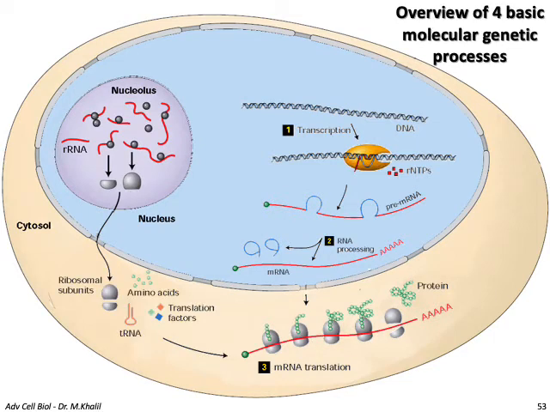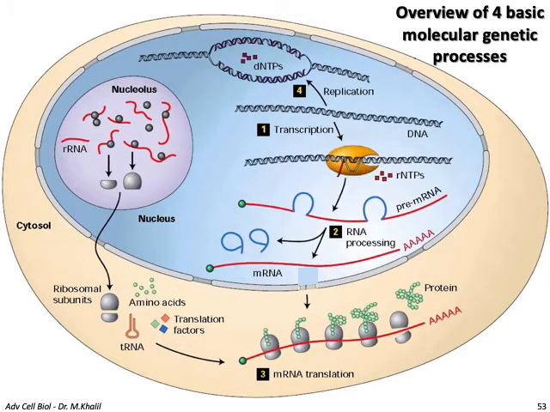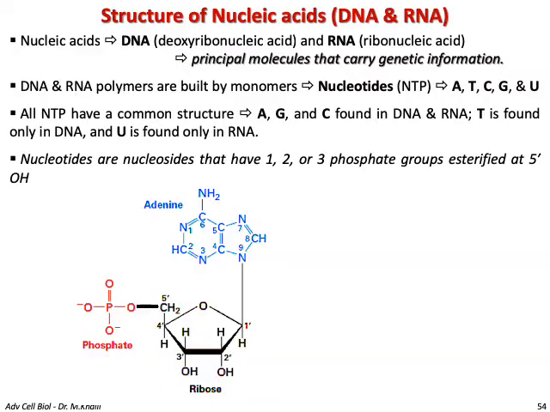The ribosome comes from the transcription of ribosomal RNA, which binds with ribosomal proteins to make functional ribosomes. The fourth process is replication, which results in the duplication of the DNA material. So these are the four basic molecular genetic processes.